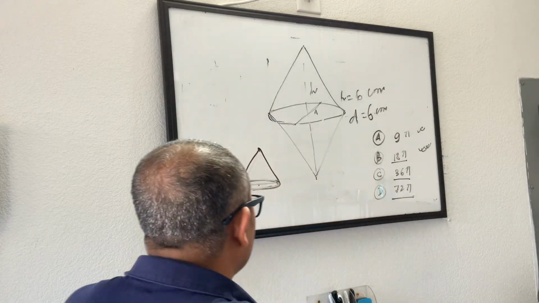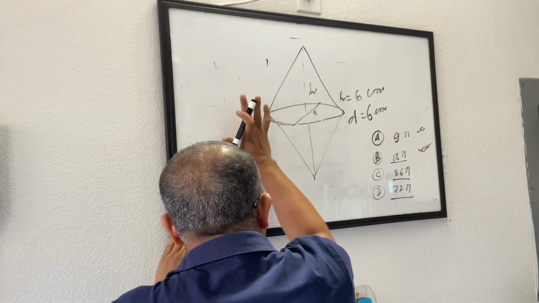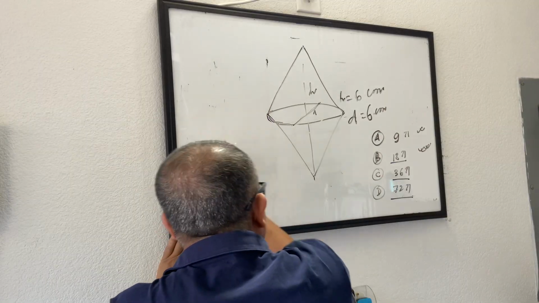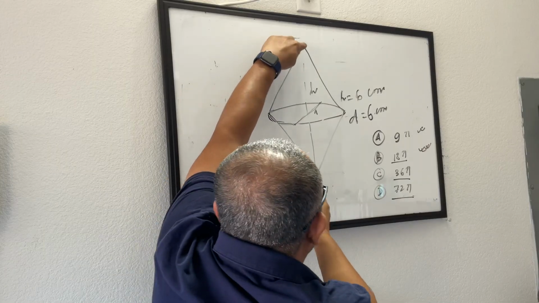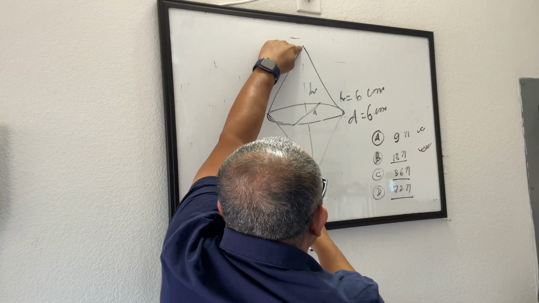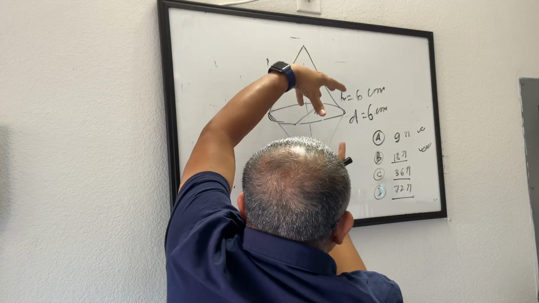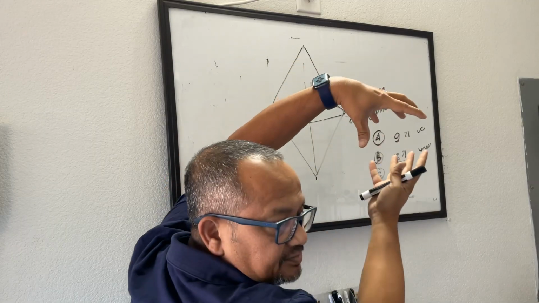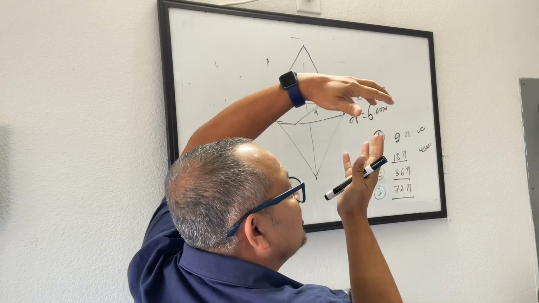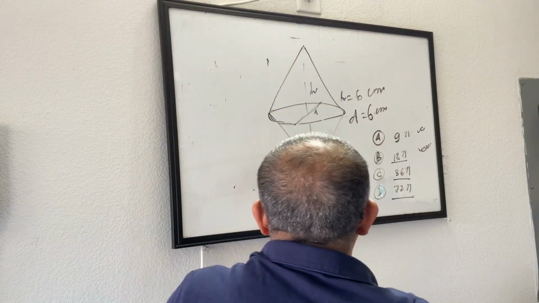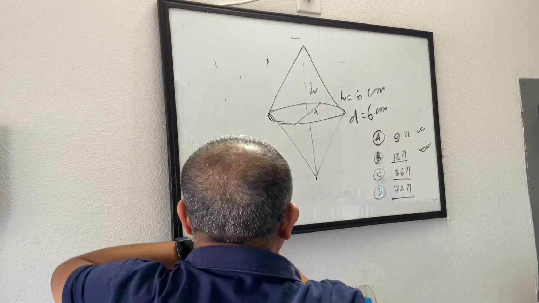Now let me try solving it so that you can also verify your answer. The question says this is the height of the top, which is created by fusing two identical circular cones.